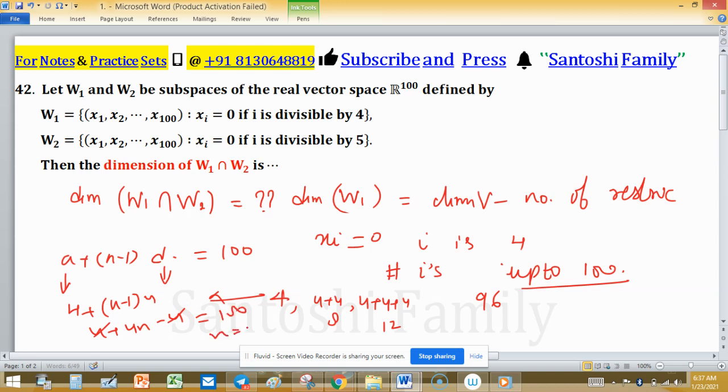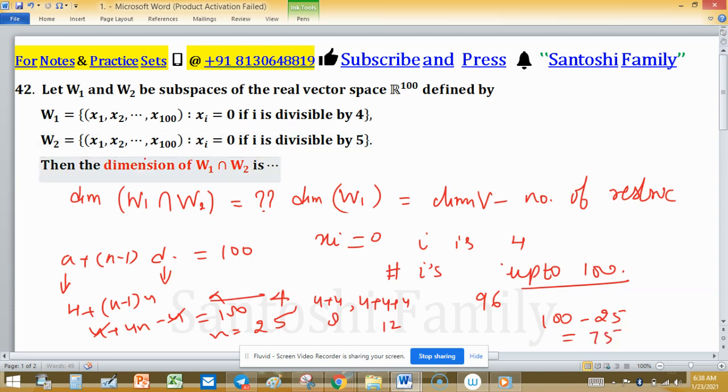So n equal to 25. So the number of terms is 25, and the dimension of W1 is 100 minus 25, equal to 75.